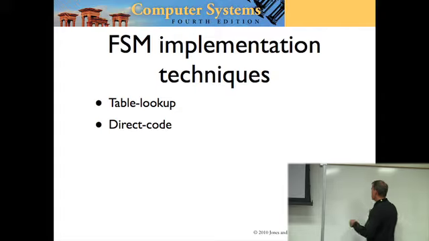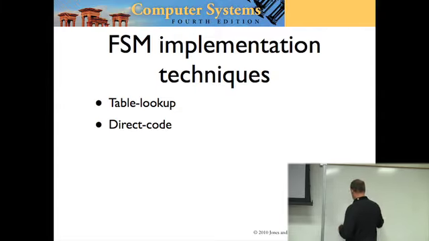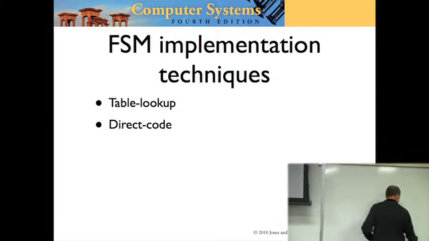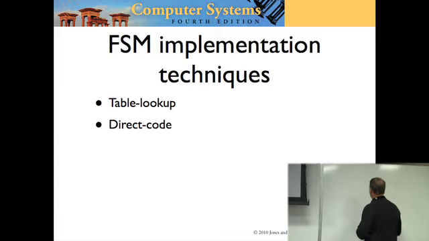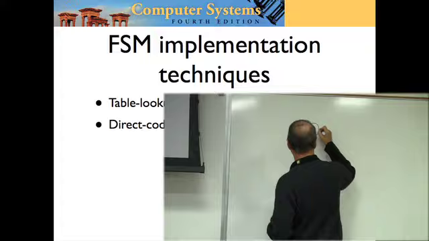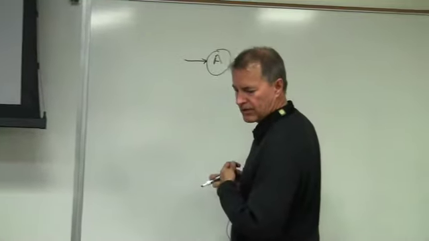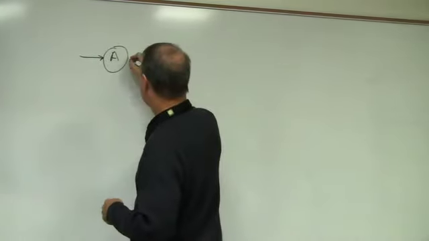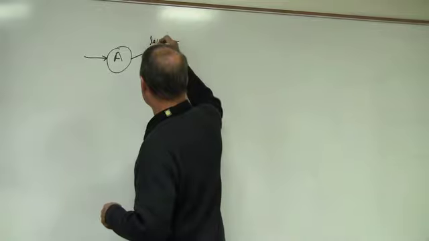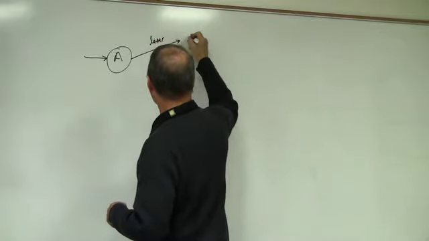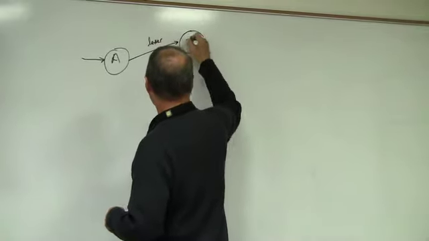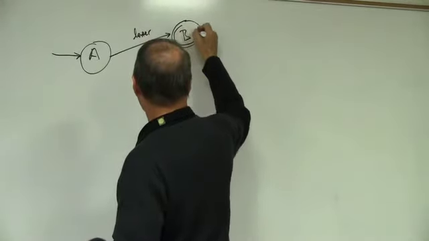Do you remember this machine? We come in here with state A, and if we have a letter, we're going to go to state B, which is the final state.